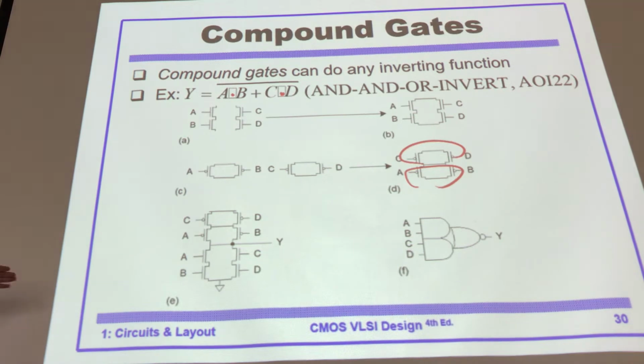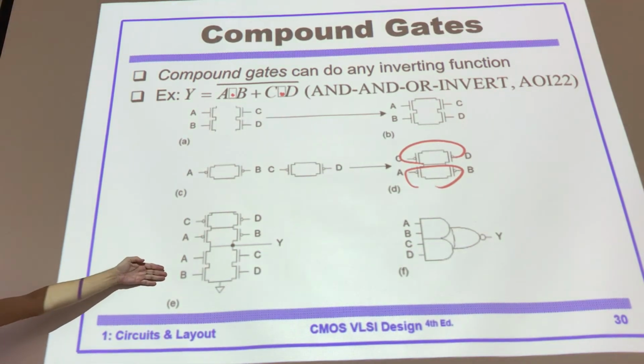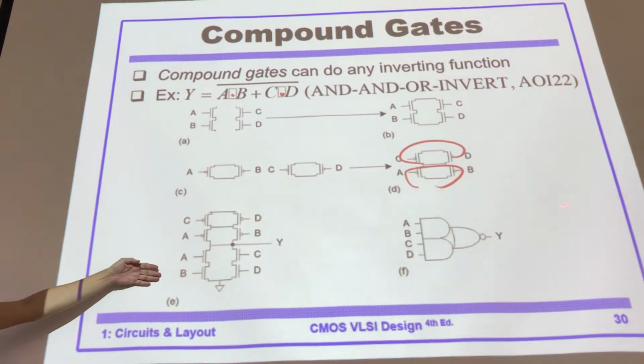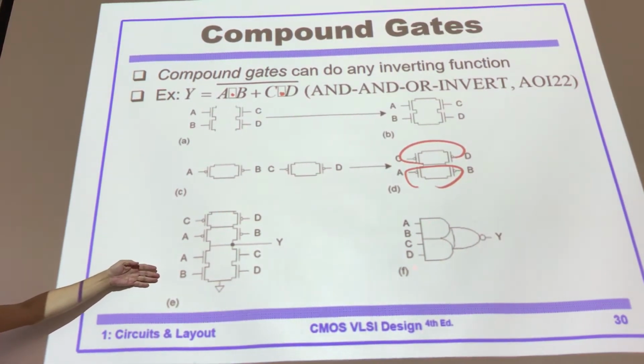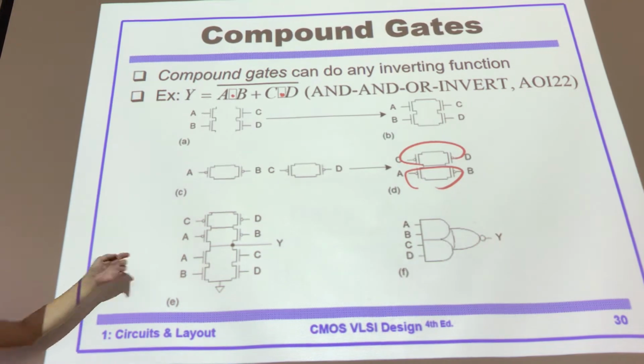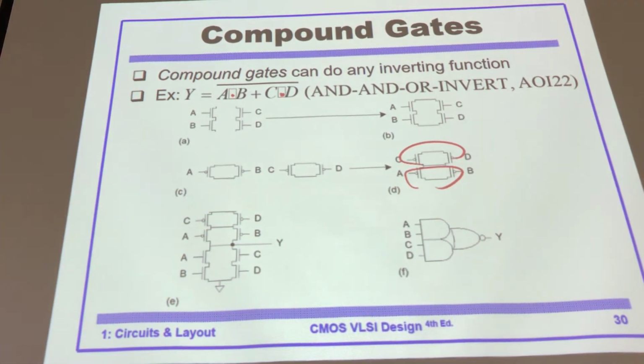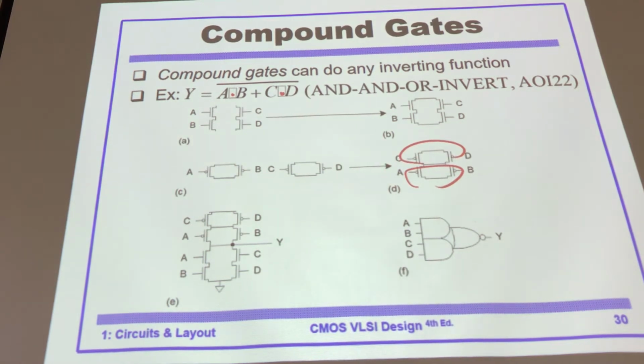Then you come up with this network, this circuit. And that's a compound gate. AB AND, CD AND, and then OR and invert. That's how you design your compound gate circuit for the Boolean function.